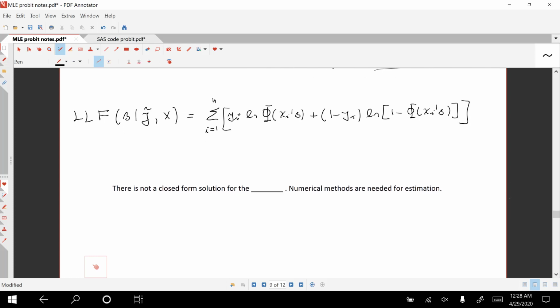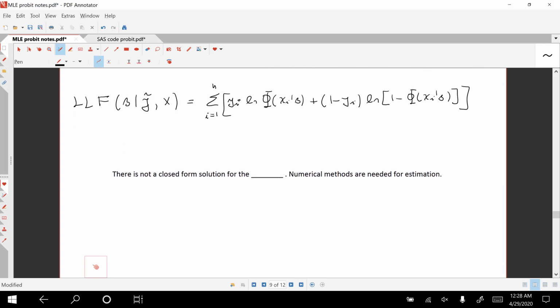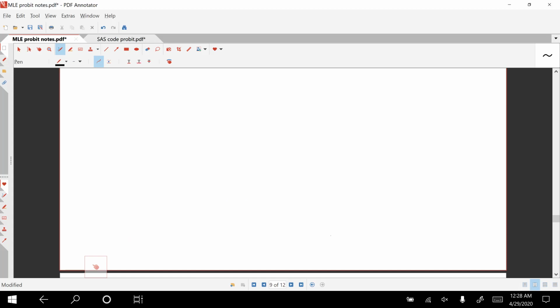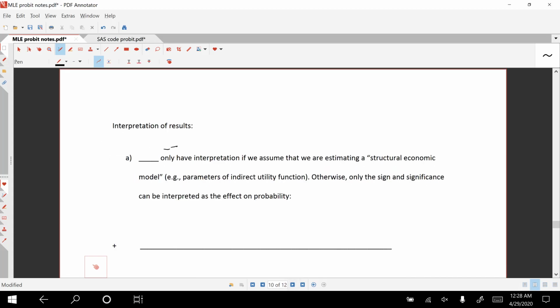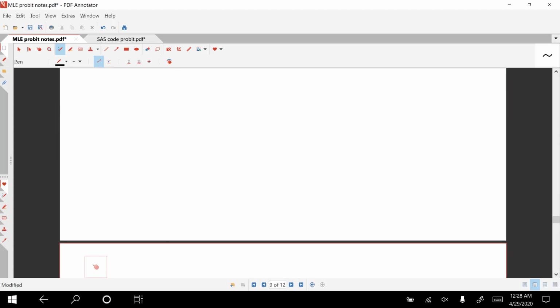Now, the previous example that we had is very simple. Here, to be able to maximize this function, remember we had to take the derivative of the log likelihood function with respect to beta and make it equal to 0, as we did before.